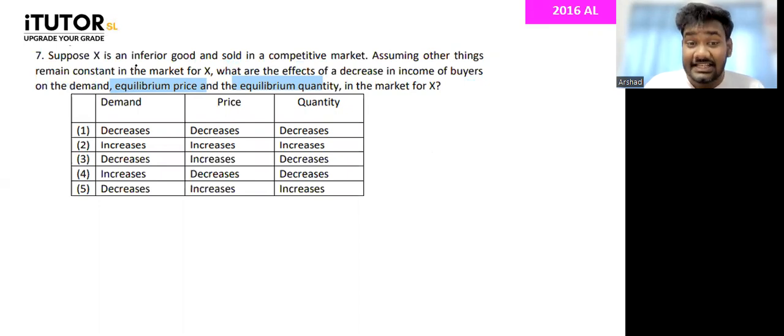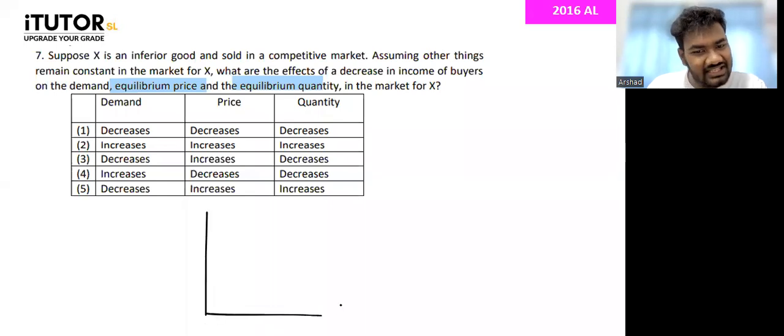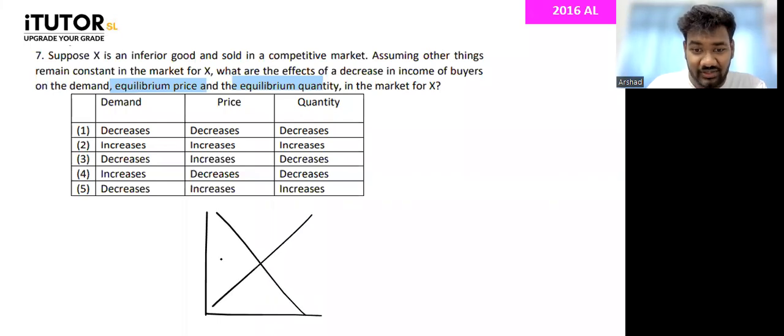They are saying, suppose X is an inferior good and sold in a competitive market. Assuming other things remain constant, what are the effects of a decrease in the income of buyers? Can you all tell me, for an inferior good, if the income decreases, what will the buyer do? Will he buy more of it or will he buy less of it? What do you think happens?